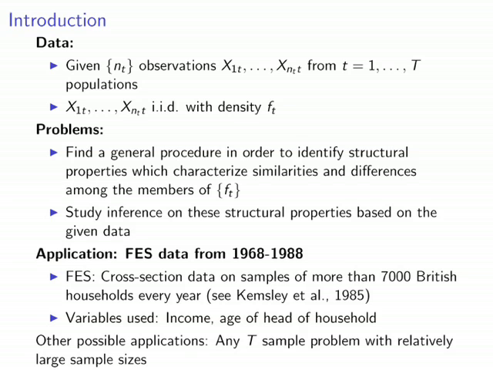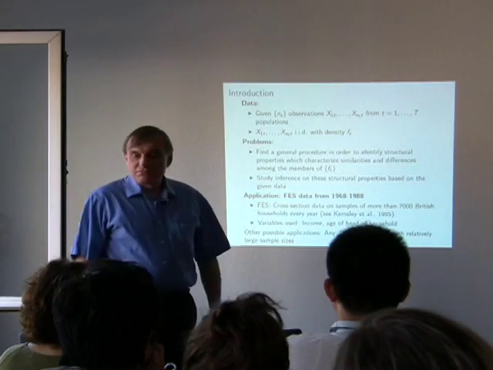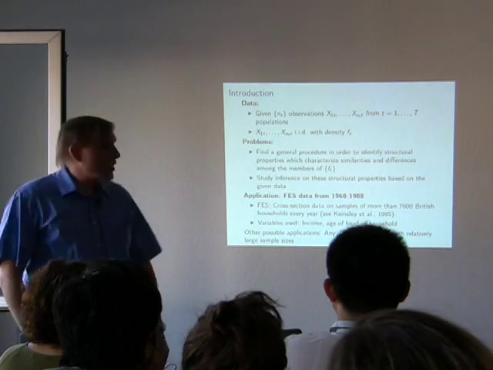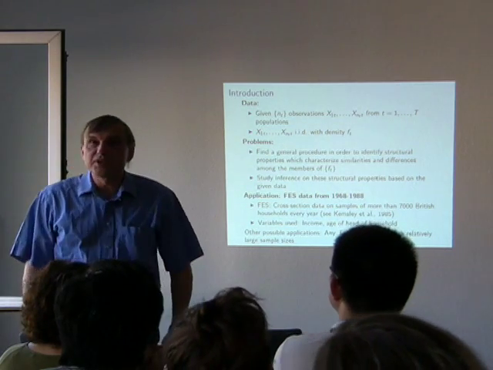And for each household they record income and age of the head of the household and expenditures for several commodities and so on. Many different variables. And what we're interested in here is just income.